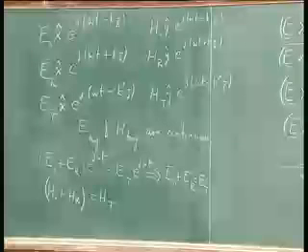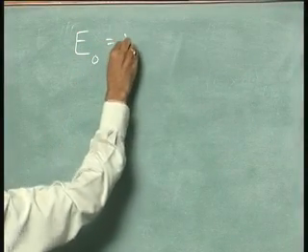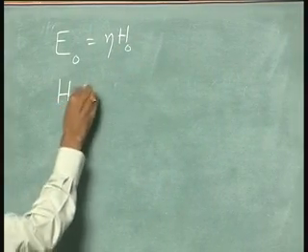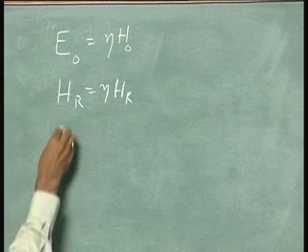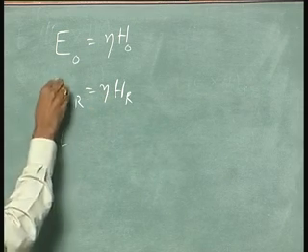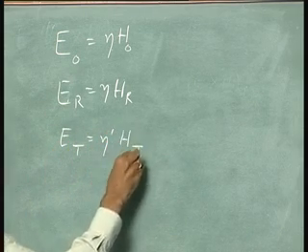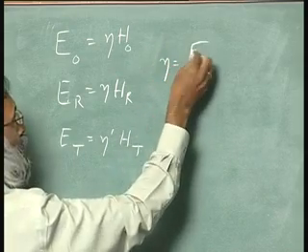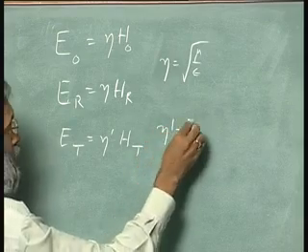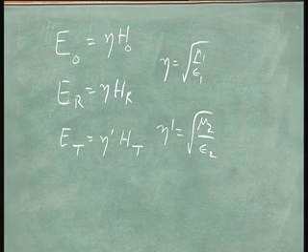From Faraday's law, or from any other way you put it, you know that the electric field E naught is equal to eta H naught, E r is equal to eta H r, and E t is equal to eta prime H t, where eta is equal to square root of mu over epsilon, and eta prime is equal to square root of mu 2 over epsilon 2, with eta being mu 1 over epsilon 1.